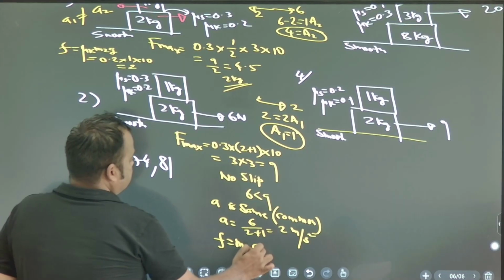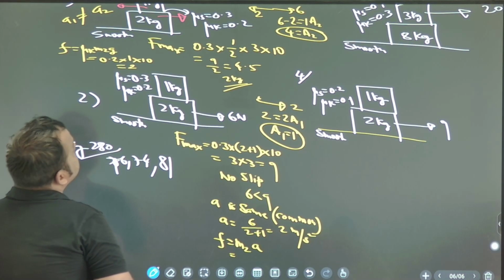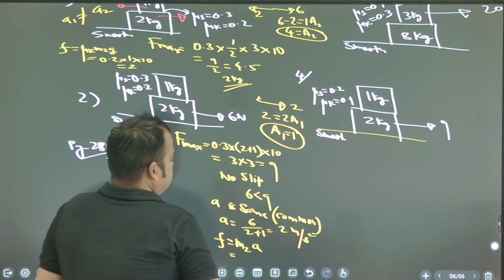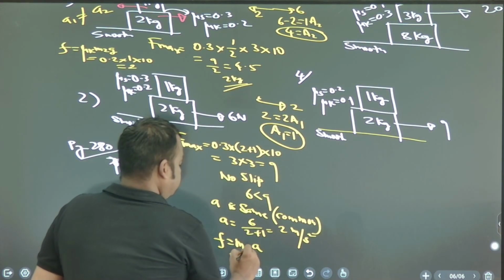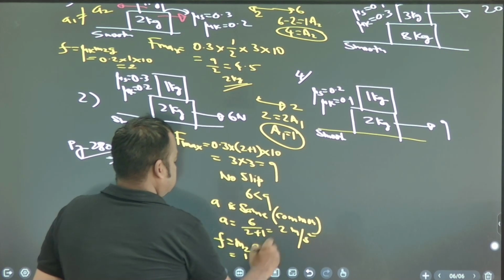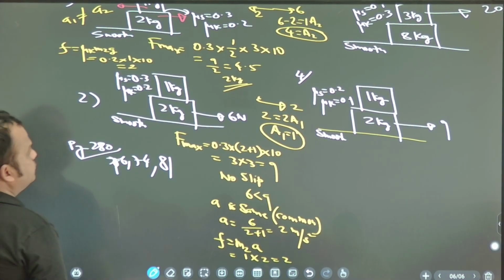M2A, good. Friction is M2A. M2 is 1. Okay, friction is 2.